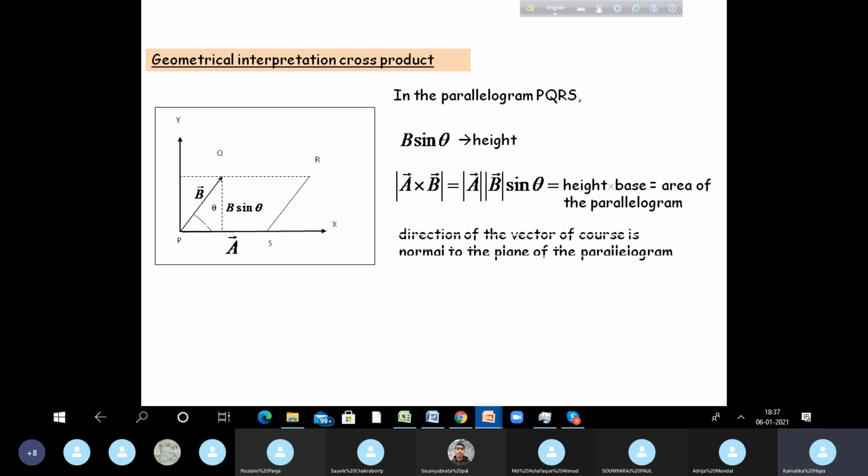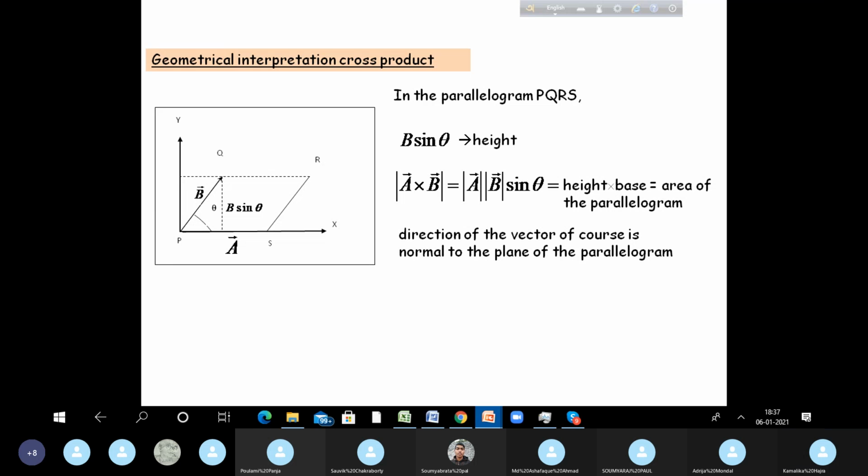And the direction is given by the vector, remember, normal to both A and B. So normal to the plane containing A and B, which means it is normal to the plane of the parallelogram. All right.